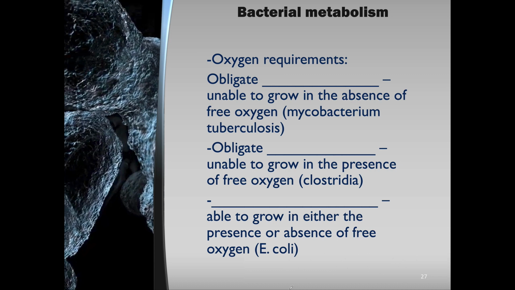Remember, metabolism is the sum total of all the chemical events inside of a living organism. And with bacteria, often we highlight oxygen use as another way of classifying different families of bacteria. They have different requirements. For example, we may see a group of bacteria that are obligate aerobes.